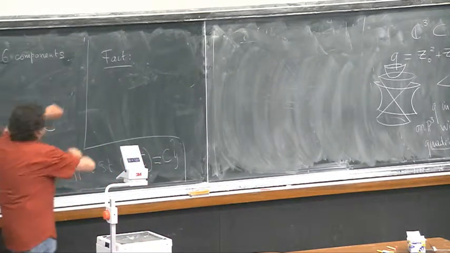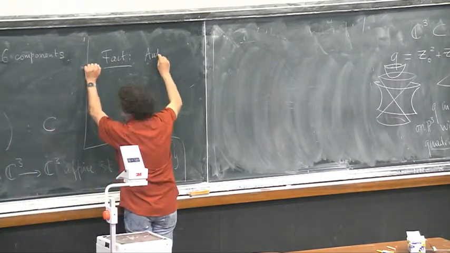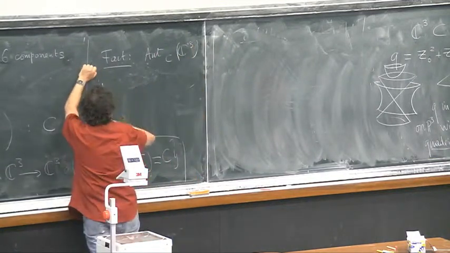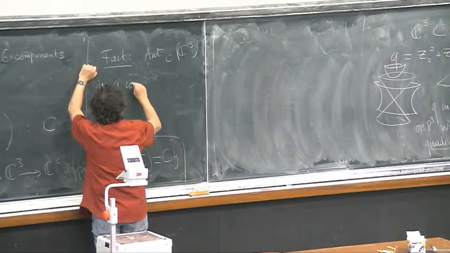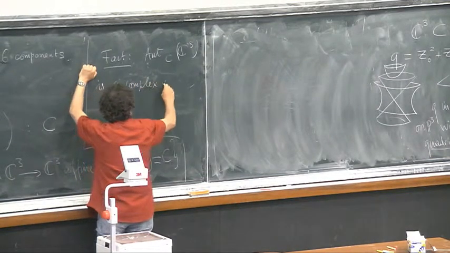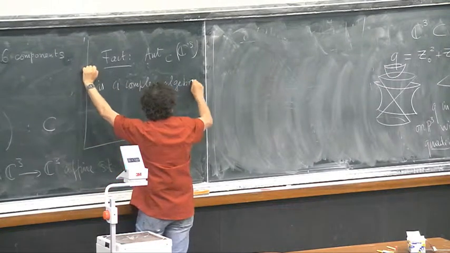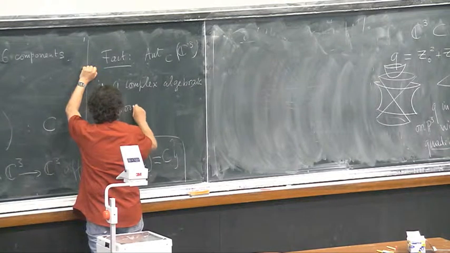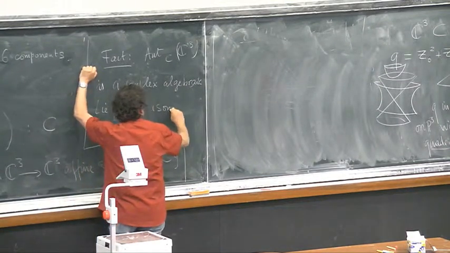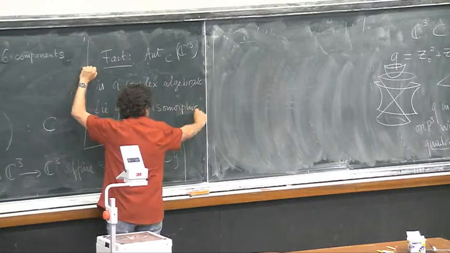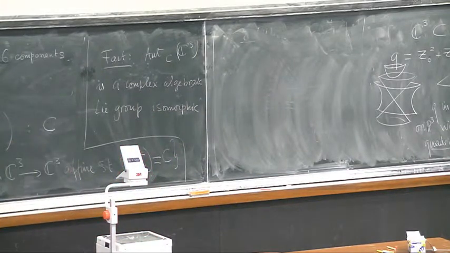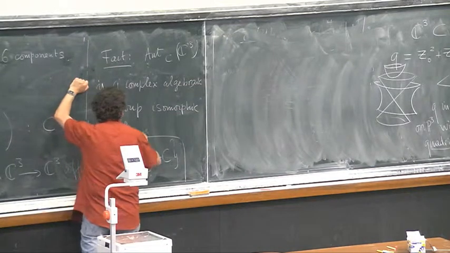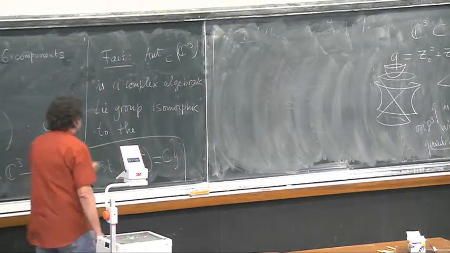this is a complex algebraic Lie group isomorphic to the affine group of transformations of the line.